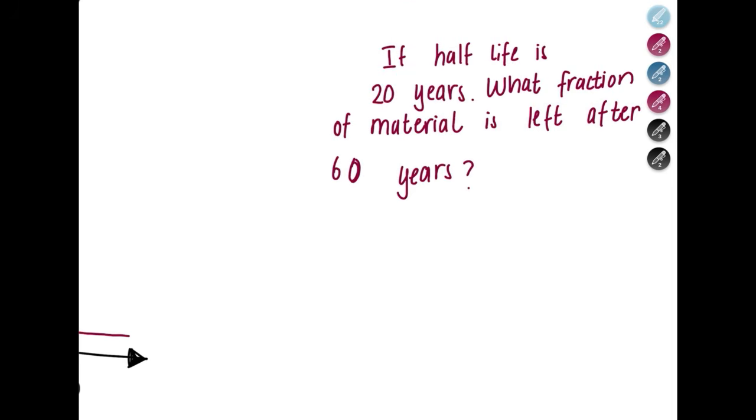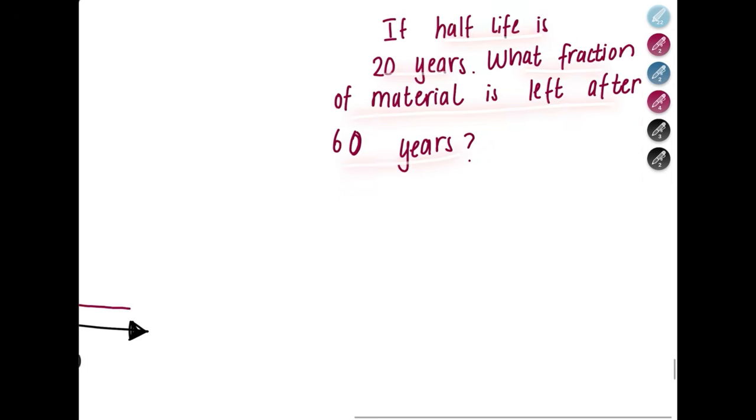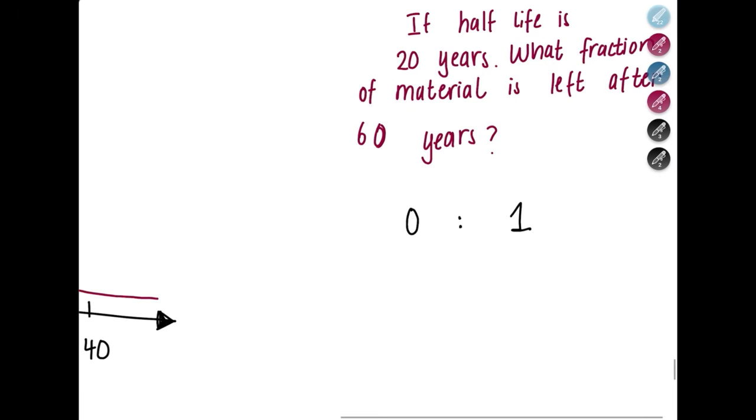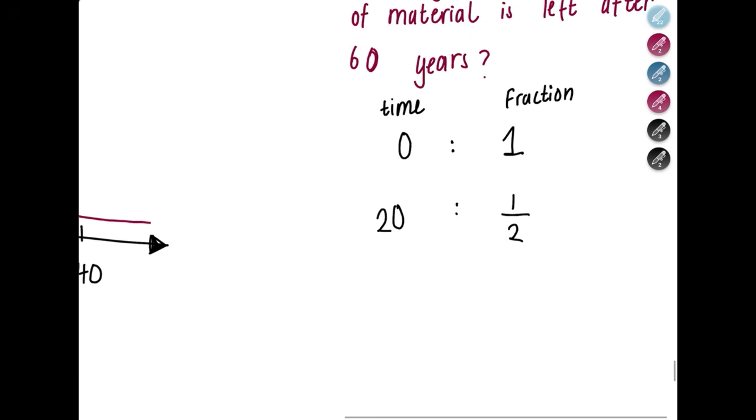Here we have an example. If half-life is 20 years, what fraction of material is left after 60 years? So initially, at time 0, the fraction was 1, like the full amount. Now after 20 years, what happened? It became half. That's one half-life.